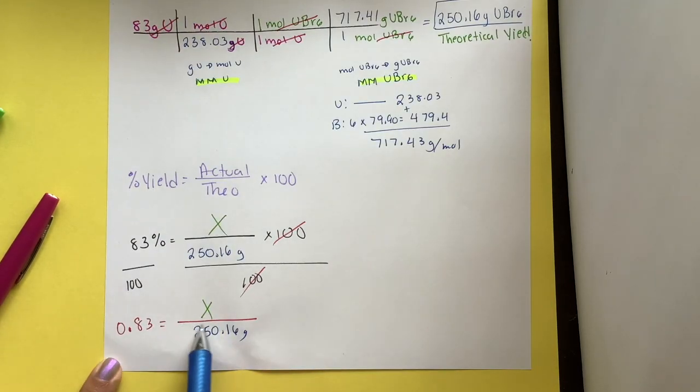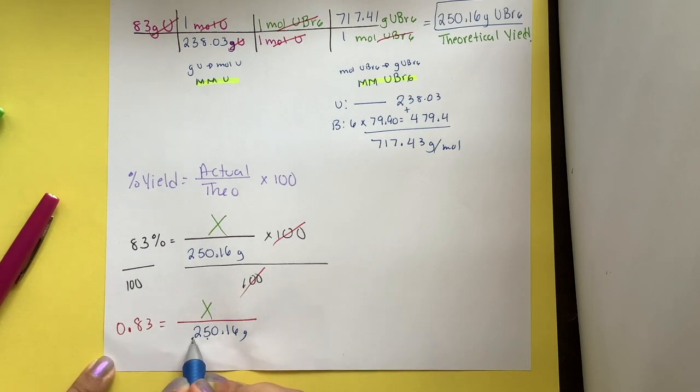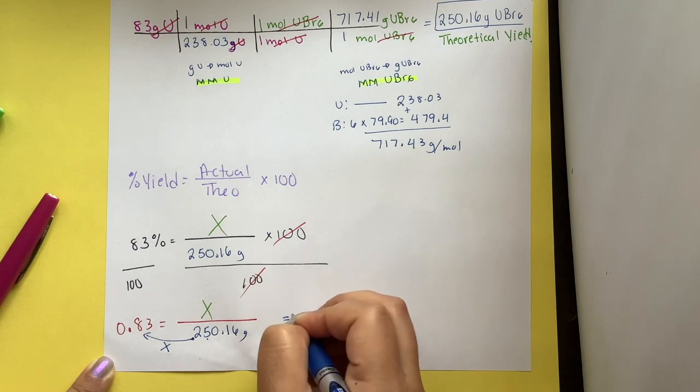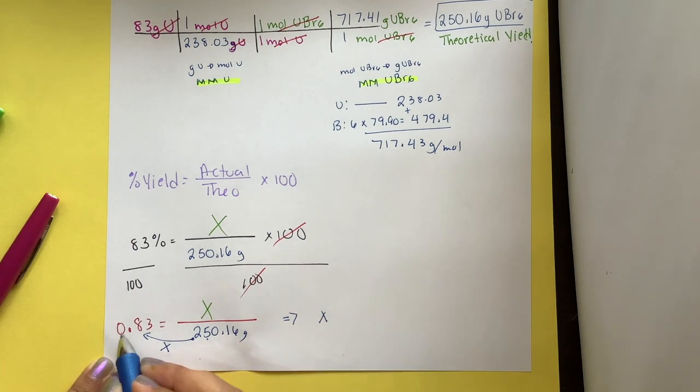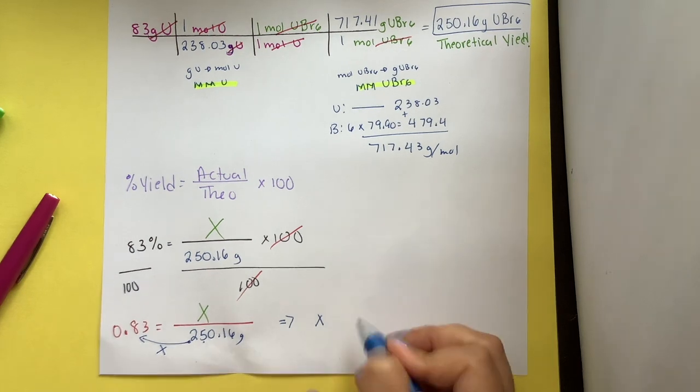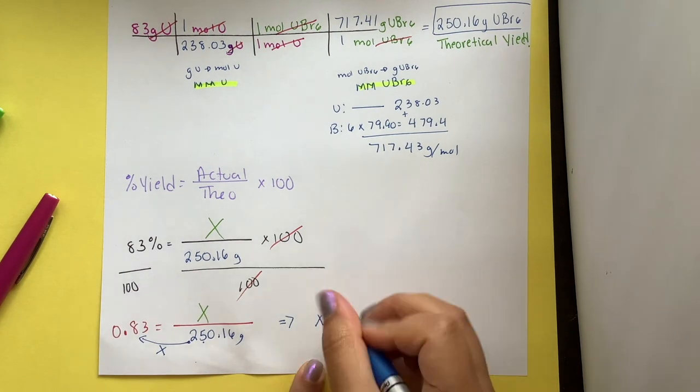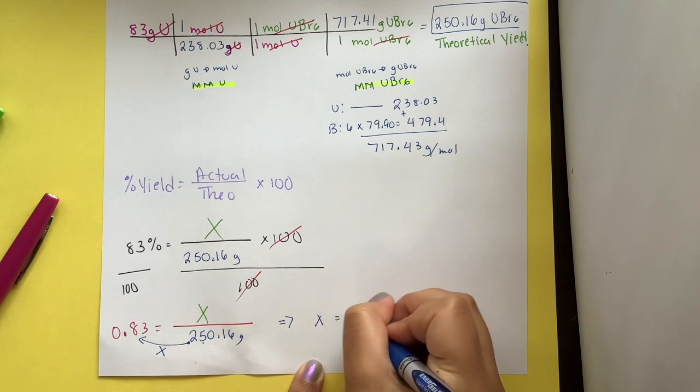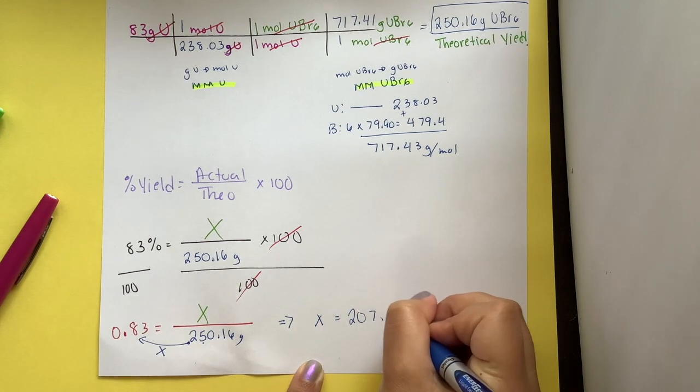Okay, so now to solve for X, you see, since I have X divided by this number, I'm going to do the opposite of dividing, which is multiplying. So I'm going to multiply both sides by 250.16. If I multiply 0.83 times 250.16, that gives me that X is 207.63 grams.